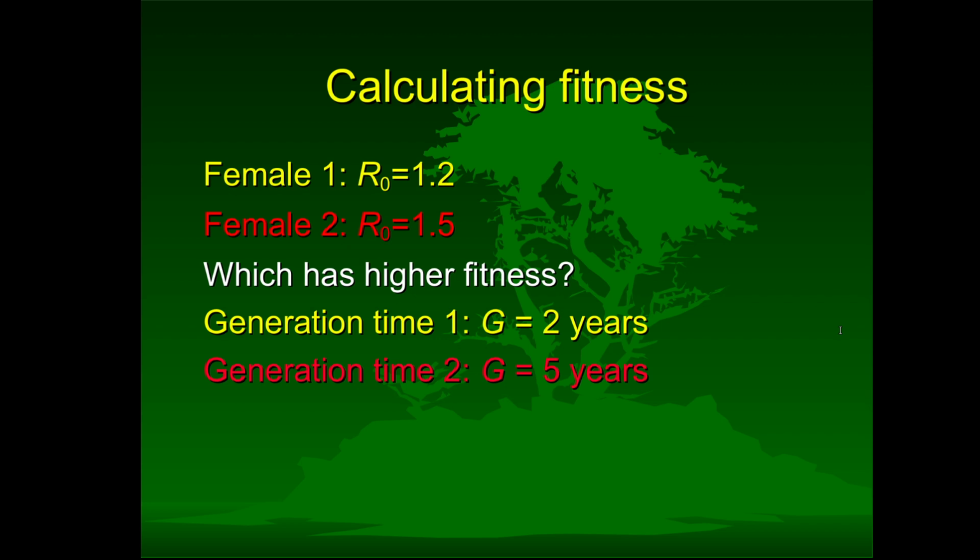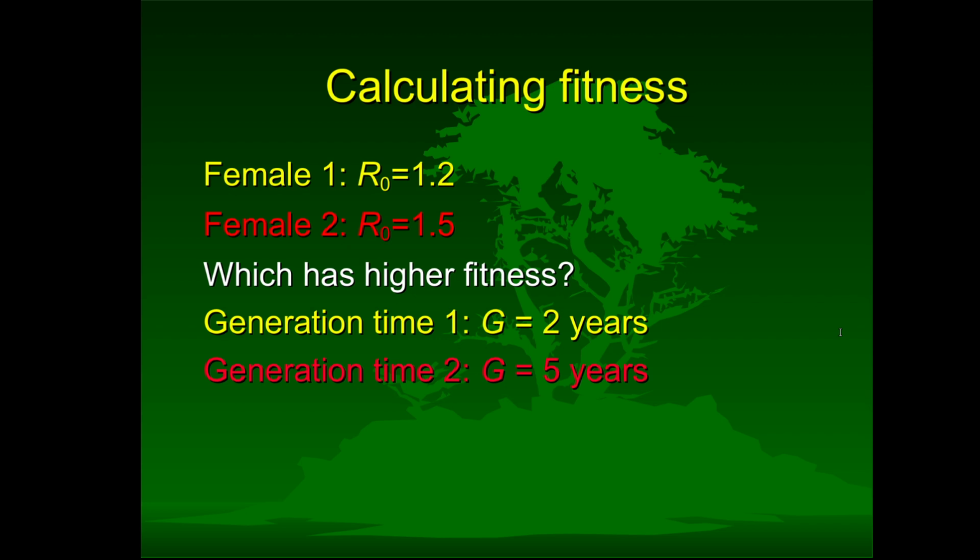But if we want to compare the fitness of two females, it is not sufficient just to compare their net reproductive rates. Why? Because they might have different generation times. Let's say the net reproductive rate R0 for female A is 2 per generation, and for female B is 3 per generation.